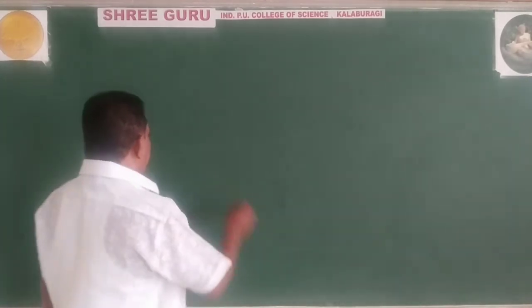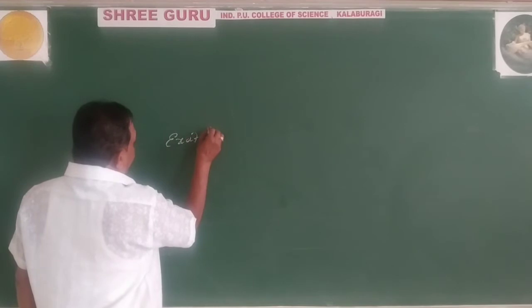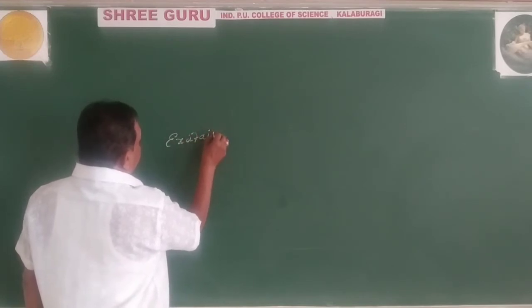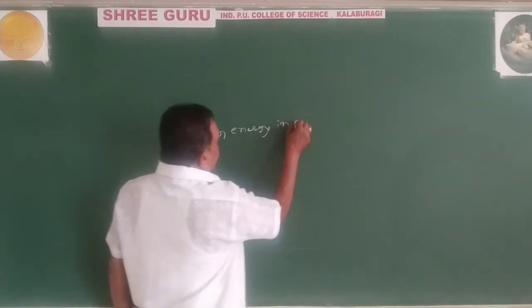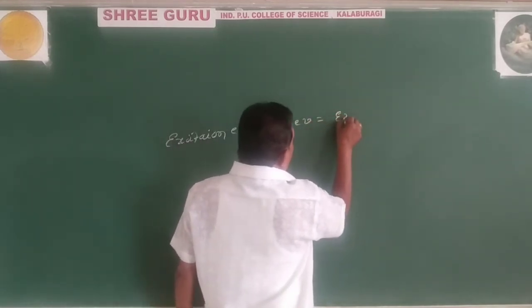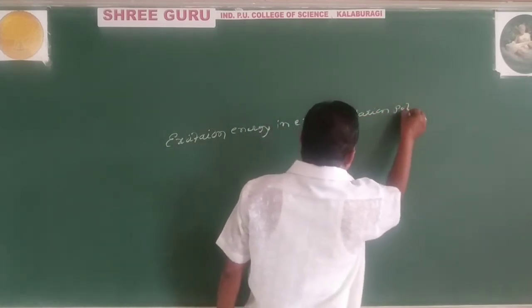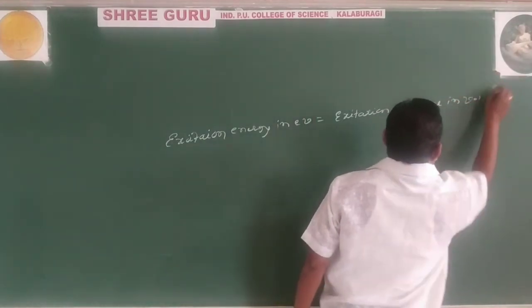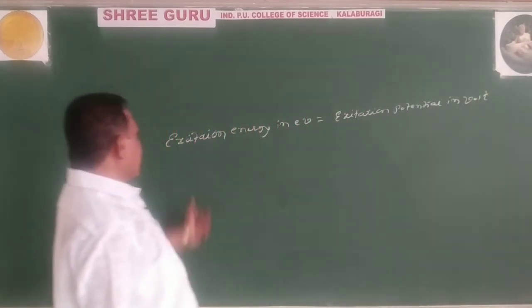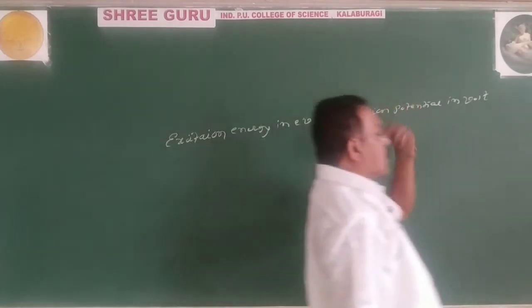So the excitation energy in electron volt is equal to the excitation potential in volt. If you have calculated the excitation energy in electron volt, that same value written in terms of volt represents the excitation potential.